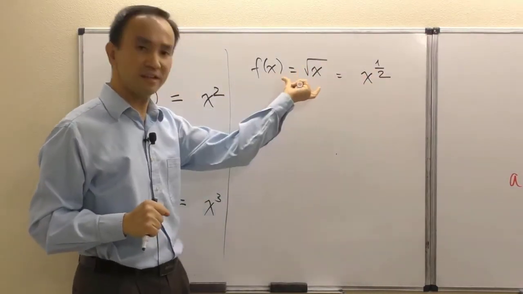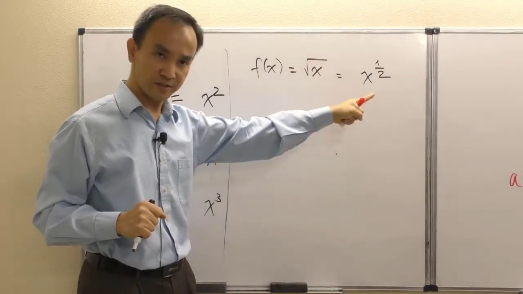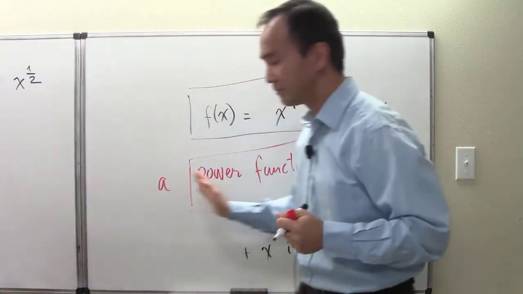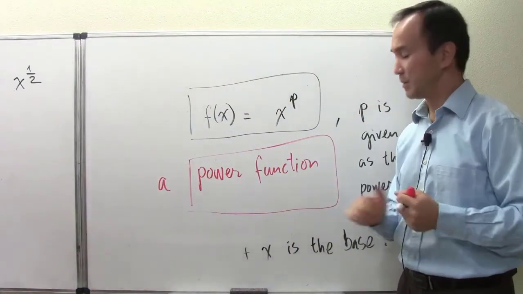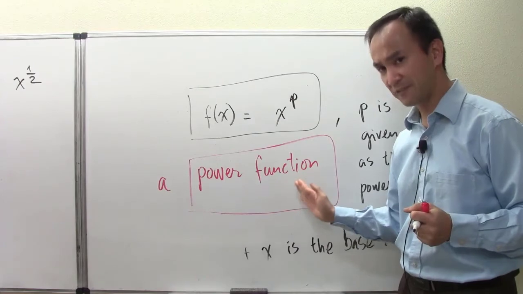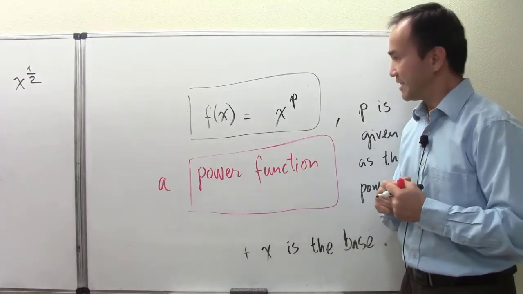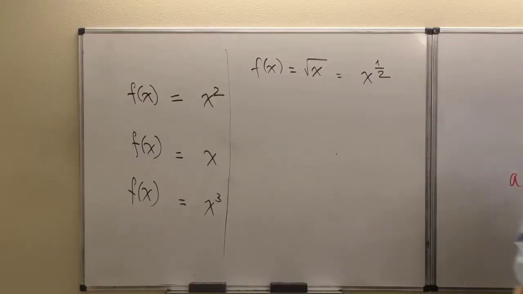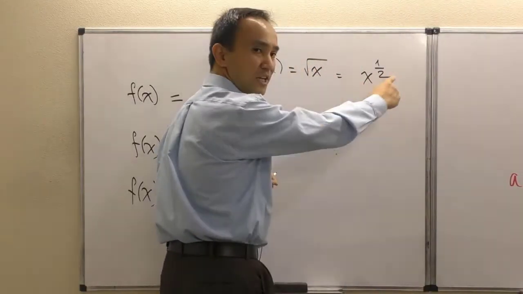So in that way, clearly this function is a member in our power function class of functions, because f of x equals square root x is x raised to the power 1/2.